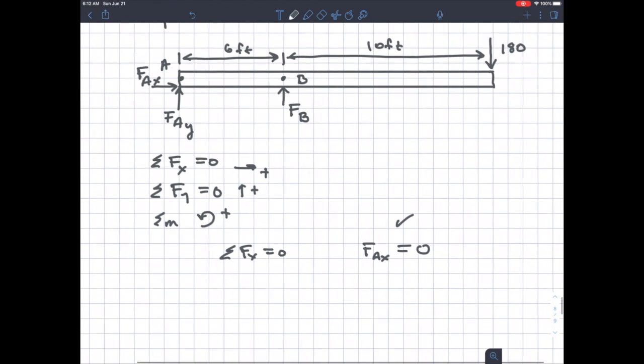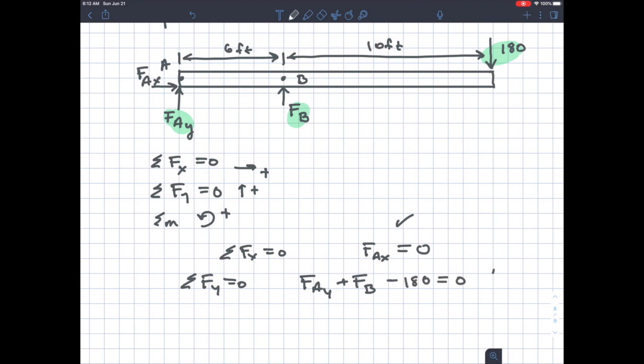Next we're going to look at sum of forces in the y direction equal to 0. I see FAY going up, FB going up, and 180 coming down. So I just sum those in the appropriate directions: FAY plus FB minus 180 equals 0.